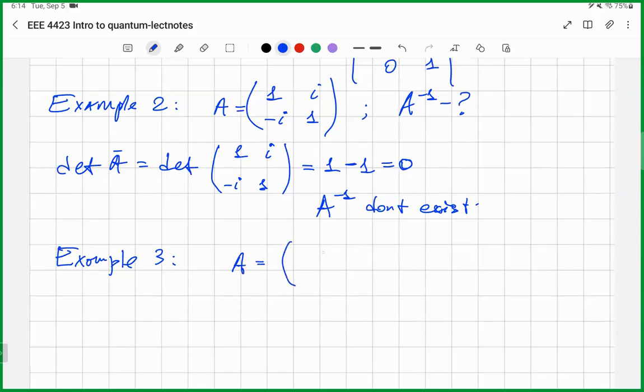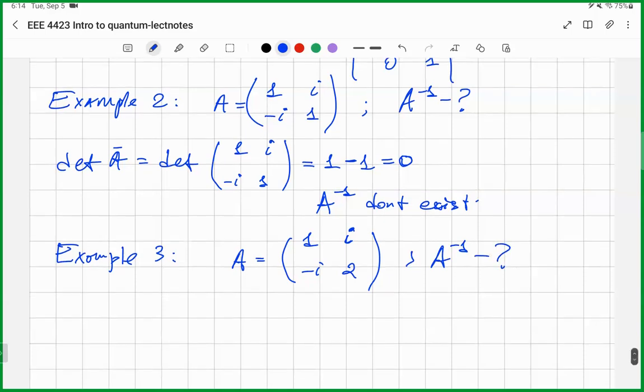So let's consider another one: 1, i, minus i, and 2. Instead of 1, let's consider 2 to make this determinant equal to 1. So again, what is the inverse matrix for this one? The determinant of this matrix now is, as we discussed, 1.